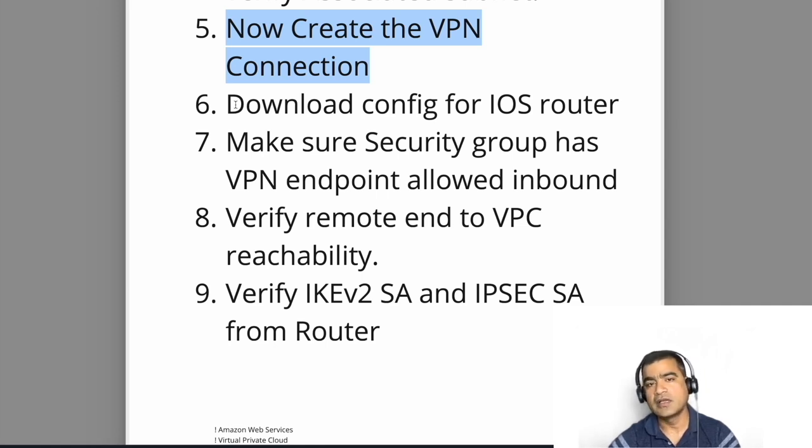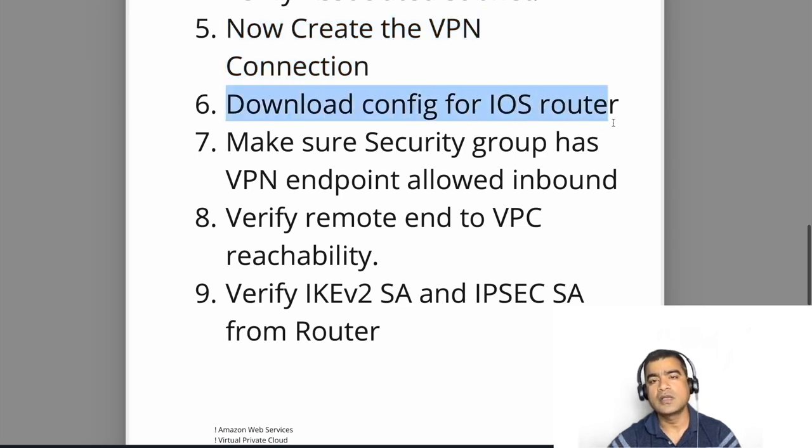You will see that AWS gives you an option based on how you created your VPN connection. It will allow you to download configuration that you can copy and paste on your customer gateway. Obviously it's not 100%, so you may have to make some tweaks here and there, but it does the heavy lifting. Once that is done, you will see the tunnels will come up.